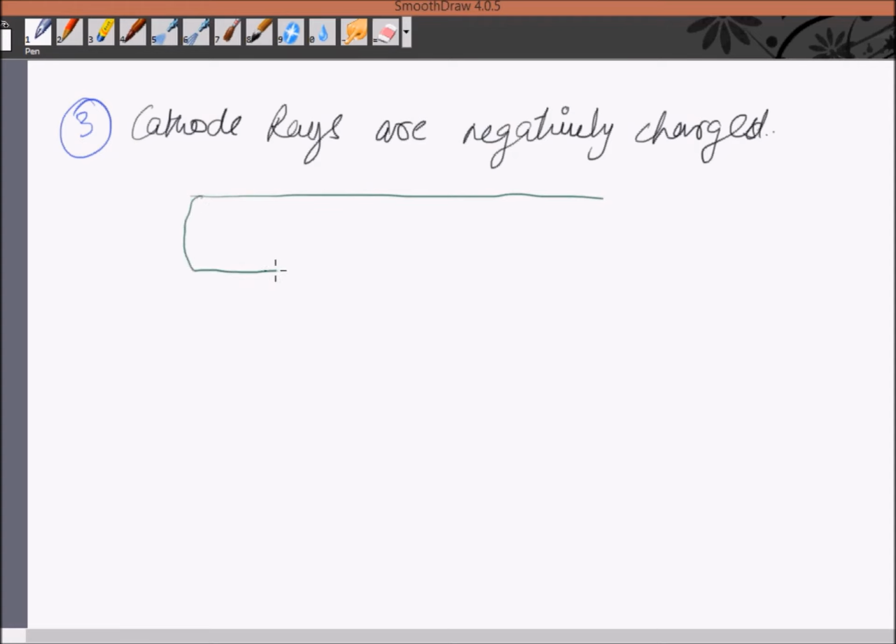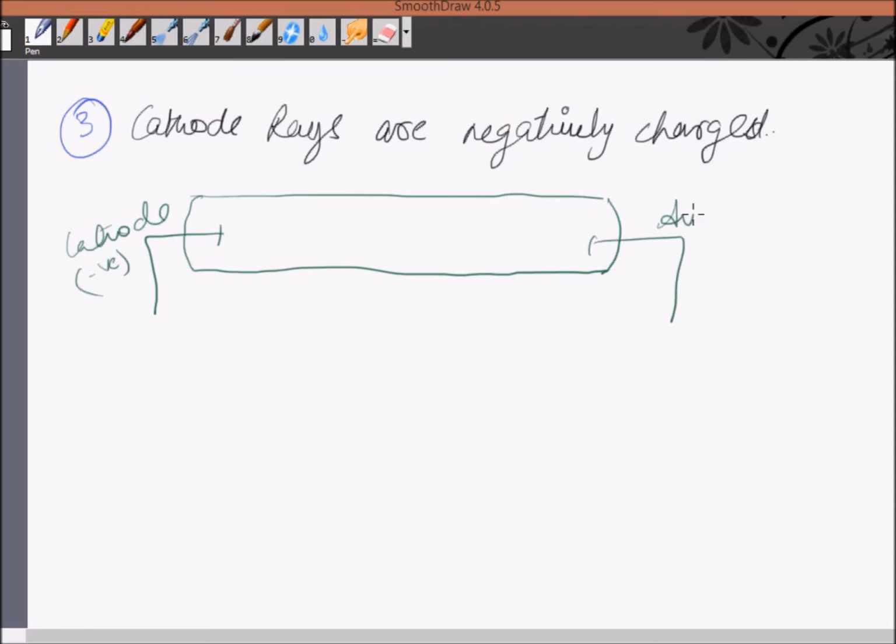This is a discharge tube I'm making again. This is a cathode electrode. This is a positive anode electrode. Let's suppose there is an external electric field applied at the center of this discharge tube.